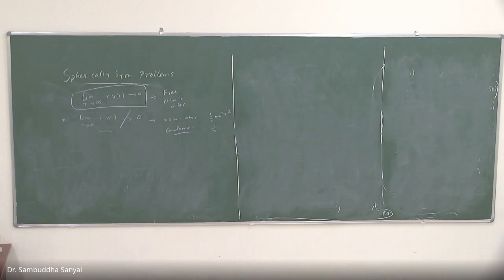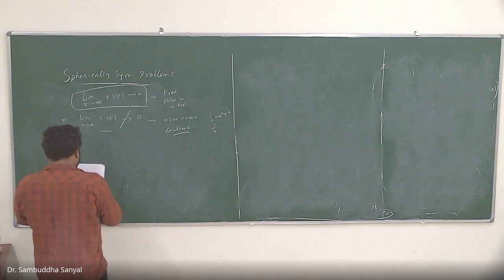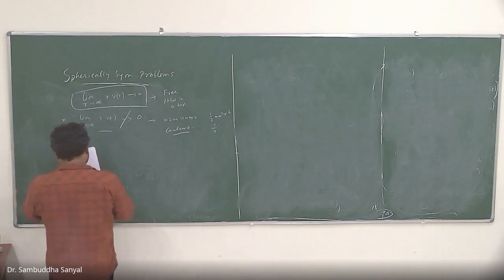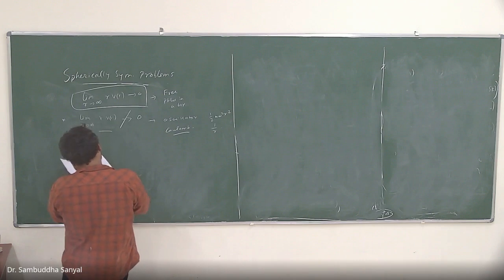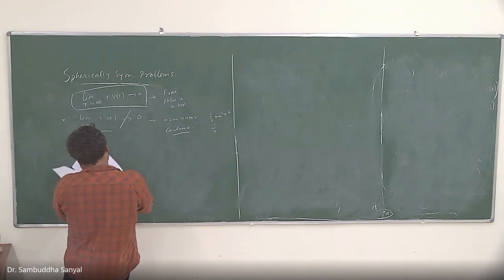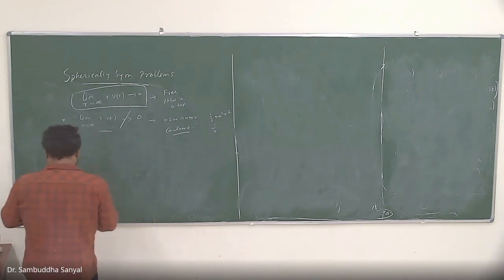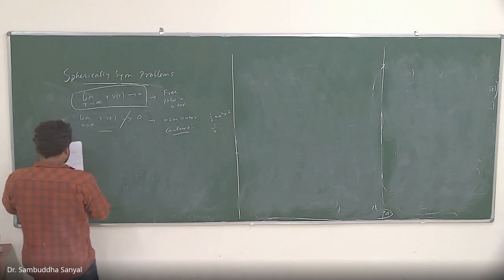But let me give you a little intuitive idea of why we need to think in terms of r v(r) and not v(r) alone. So the idea you can think is as follows. Okay, so let's say I have this equation in this form.